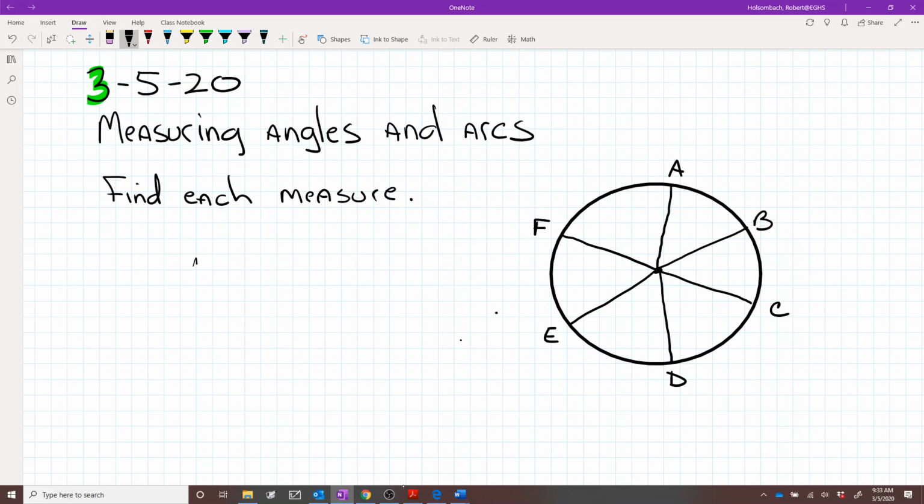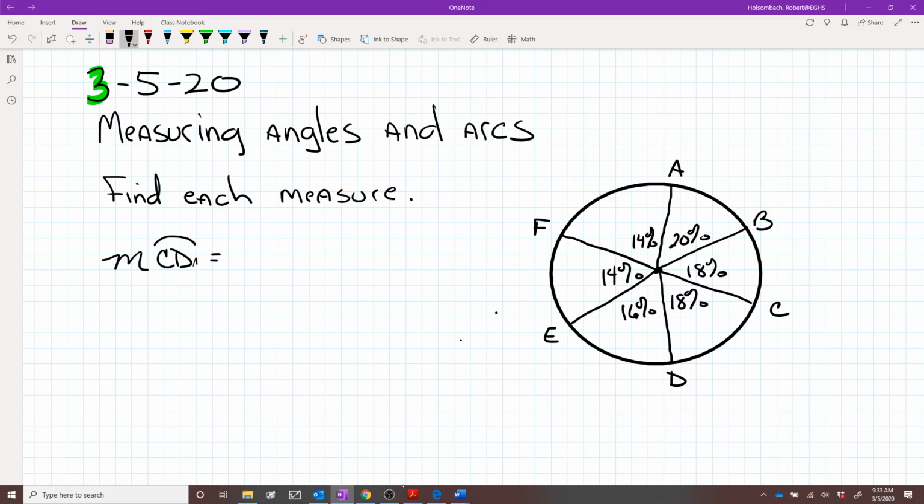And each piece of the graph has a percentage value. And another 14%. And let's see, the first measure you're asked to find, the measure of arc CD.